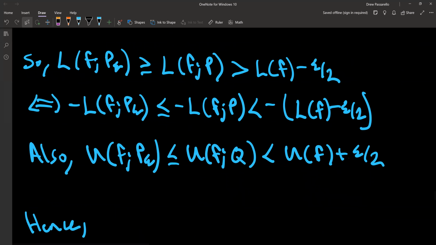And then we know that the upper sum of P of epsilon is less than or equal to the upper sum of Q, and for this particular Q, it's less than U of f plus epsilon over 2.